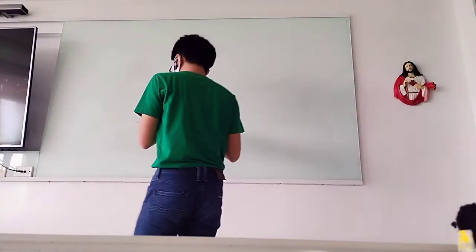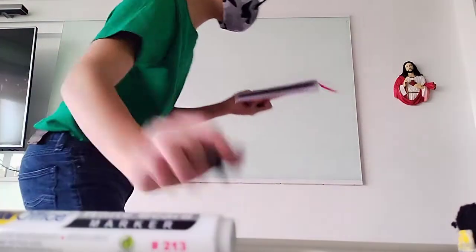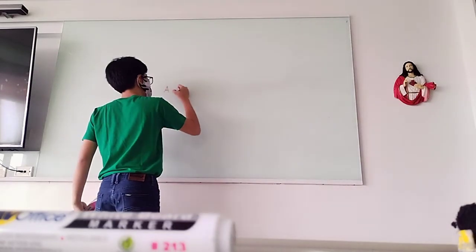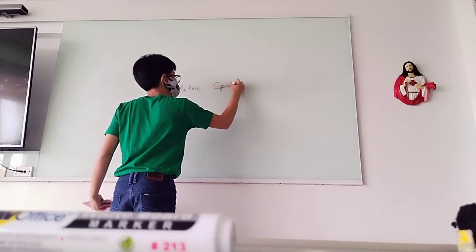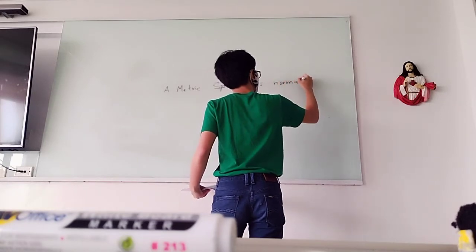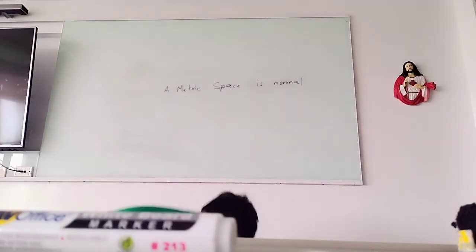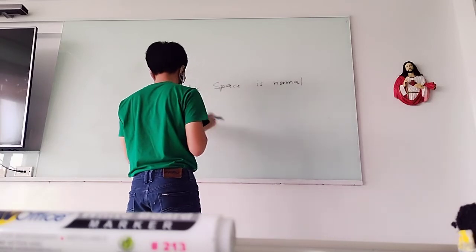So the theorem states that given some metrizable space, or a metric space, a metric space is normal. So it is somewhat like T4 or T2.